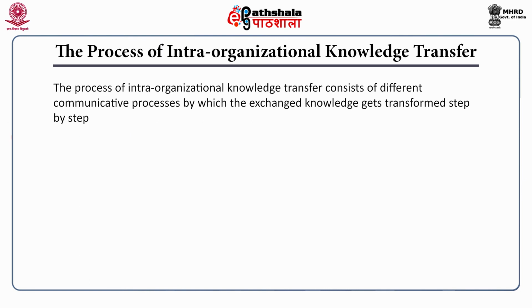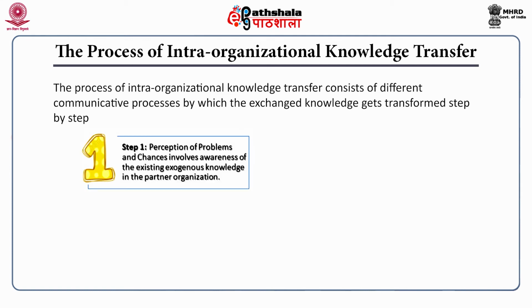The process of intra-organizational knowledge transfer consists of different communicative processes by which the exchanged knowledge gets transformed step by step. First step is perception of problems and chances. It involves understanding the exogenous knowledge of the interested organization.